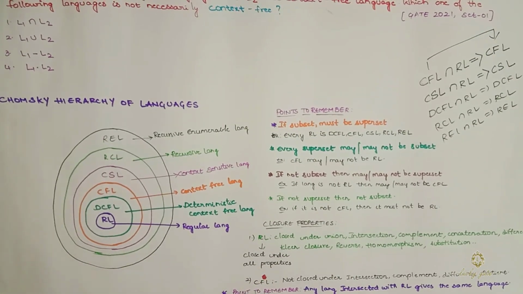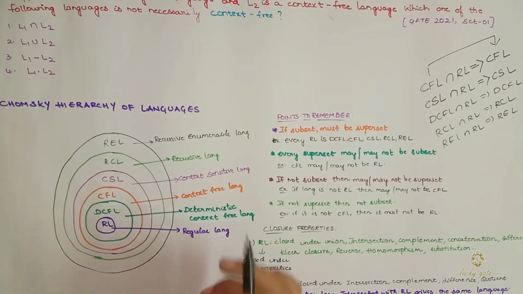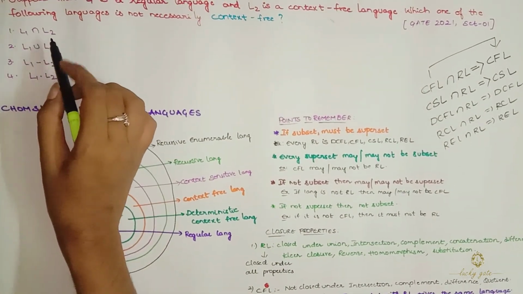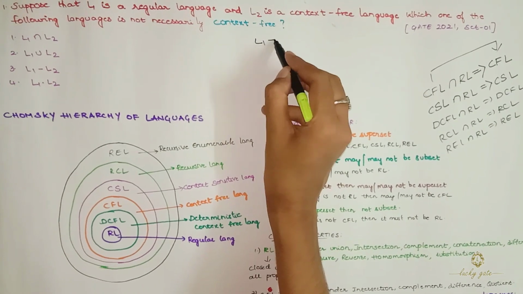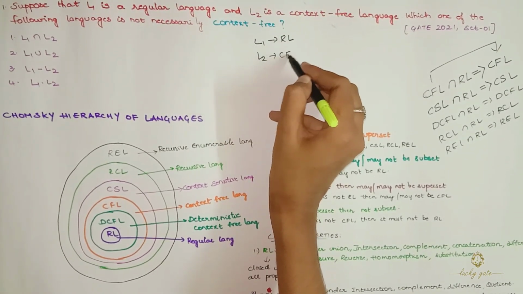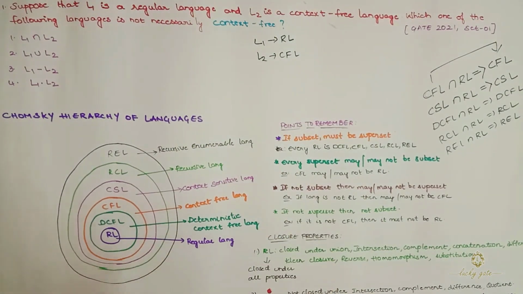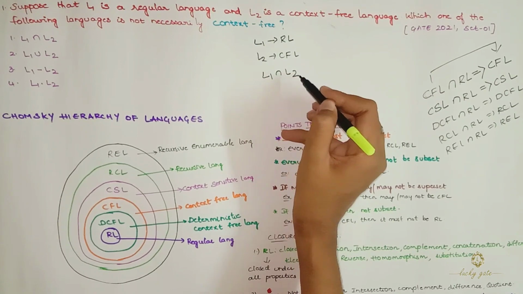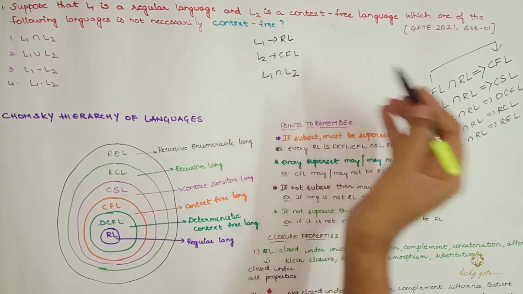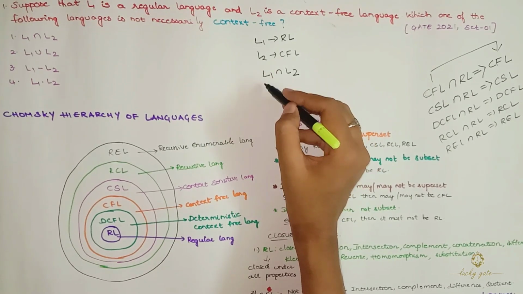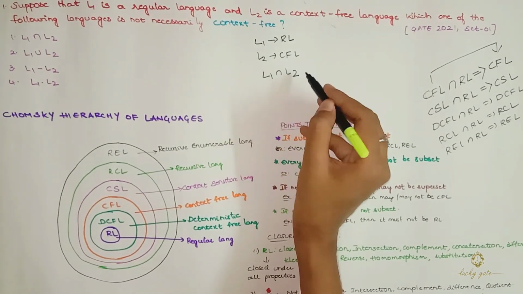Now let's move to the question. The first option is L1 intersection L2, where L1 is a regular language and L2 is a context-free language. We need to find what L1 intersection L2 is. As I discussed in the key point, any language intersected with a regular language gives the language itself.